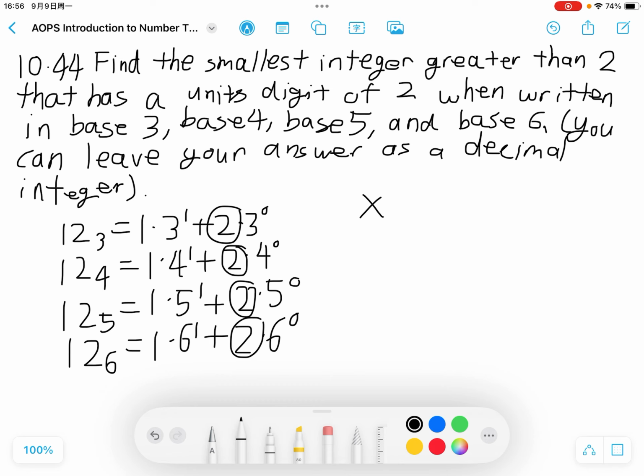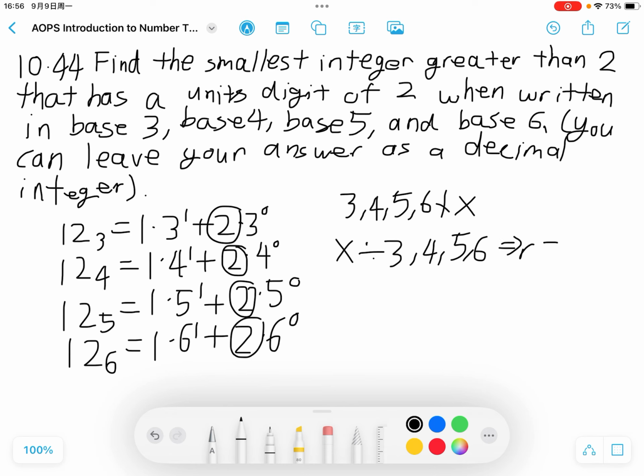And secondly, when we divide x by 3, 4, 5, or 6, it has a remainder of 2. So we want to find numbers such that when x is divided by 3, 4, 5, or 6, the remainder is equal to 2.